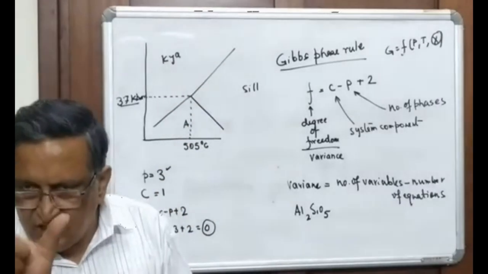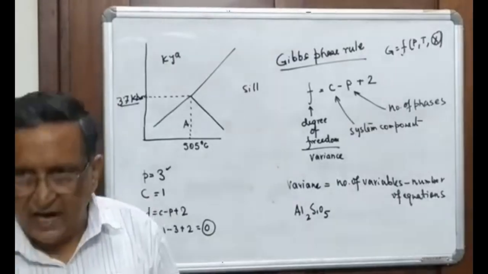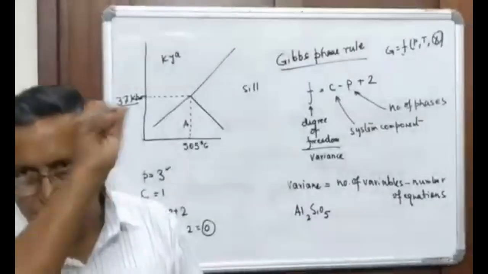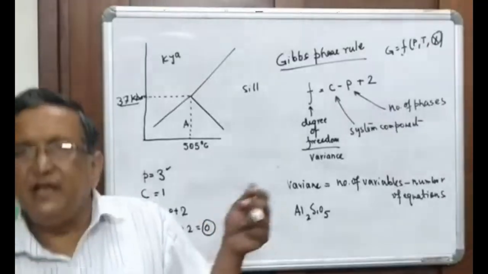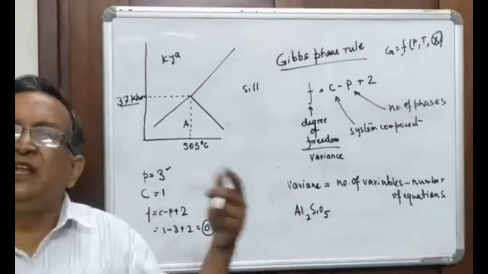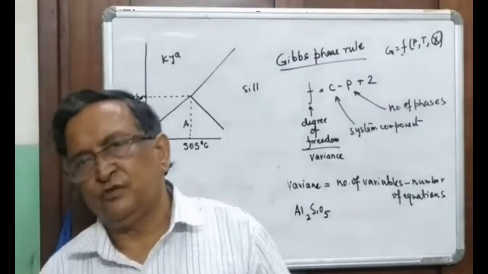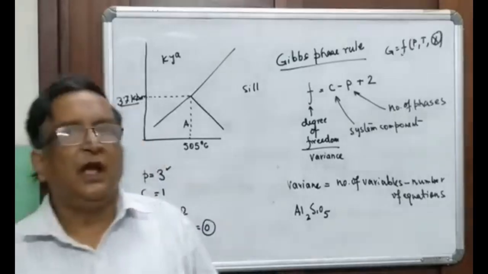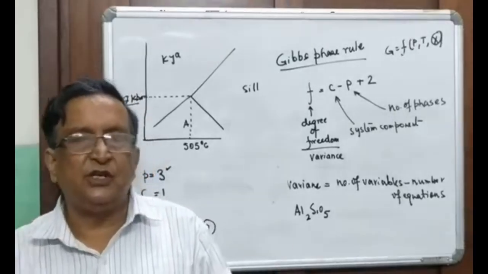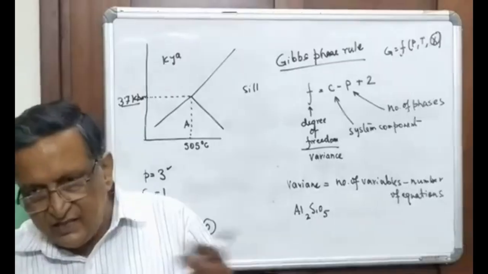So delta G, the free energy change of the reaction, is equal to 0. So then you have an equation which is essentially a function of pressure and temperature. Have you understood? These are the 2 functions.